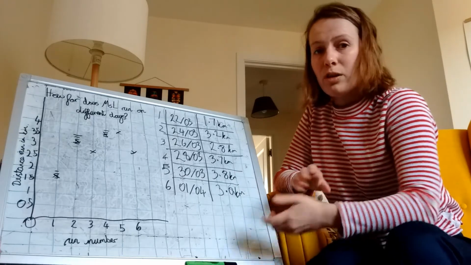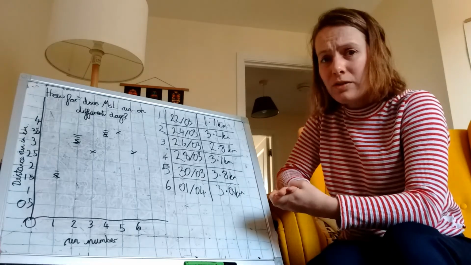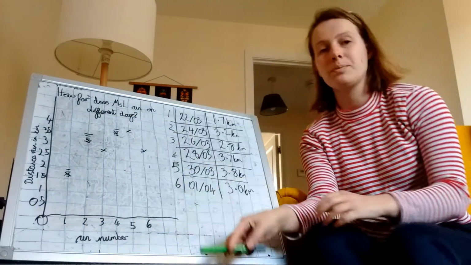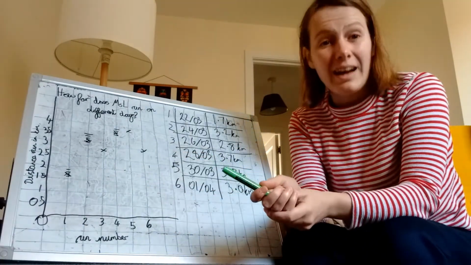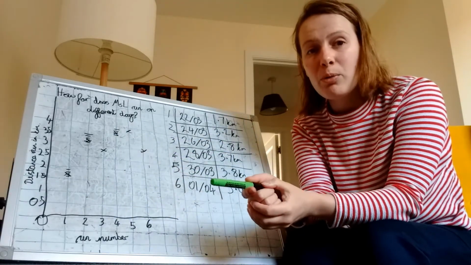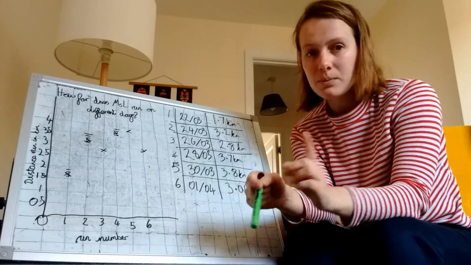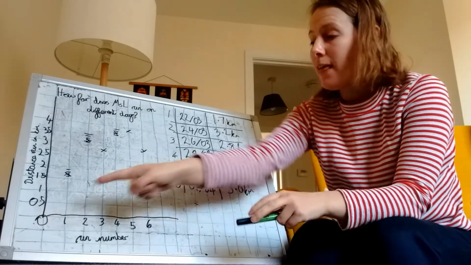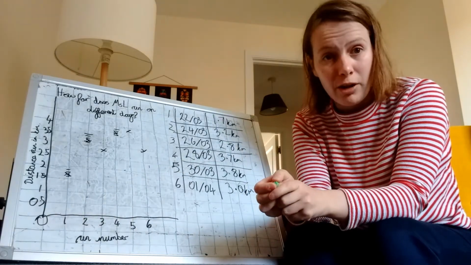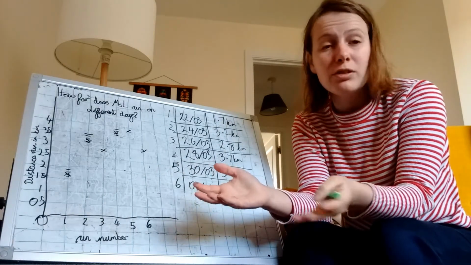Got my points plotted. Had to take a little bit of time being careful of getting that decimal scale right. So, this is a line graph. So now that I've got all of my points plotted, I join them up with a line. Important note, I don't start at 0. I didn't have a run 0 where I ran 0 kilometres. Run 0 didn't exist.